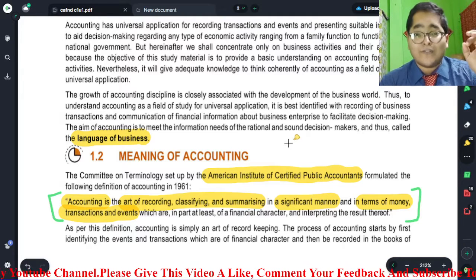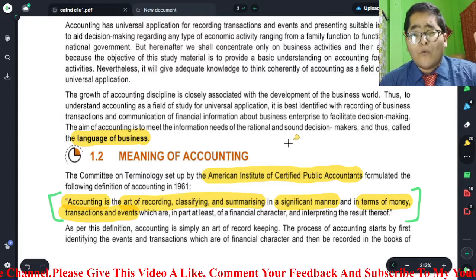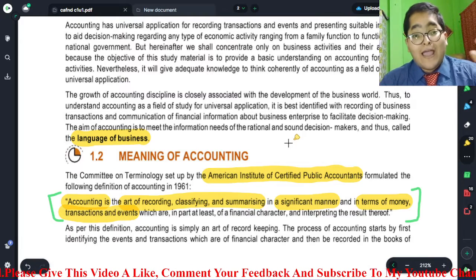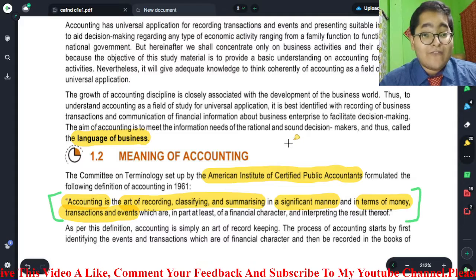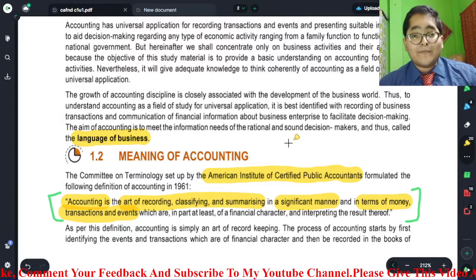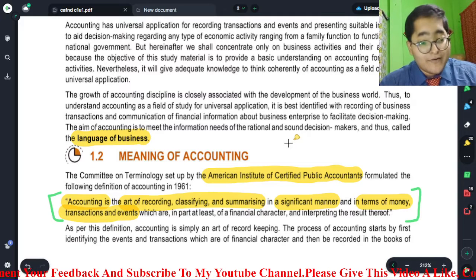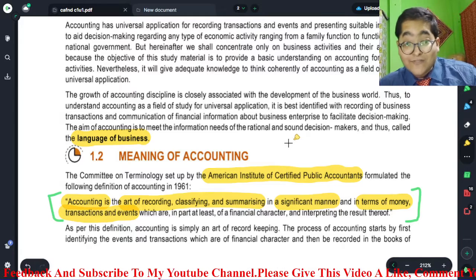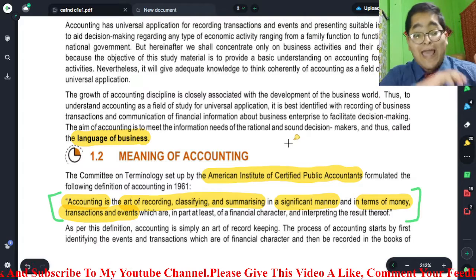If accounting was not there, a manager or owner could not analyze the information about the business. Financial information related to the business could not be analyzed or understood. This is why accounting is called the language of the business.